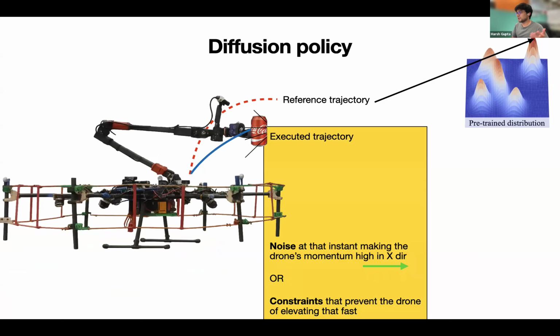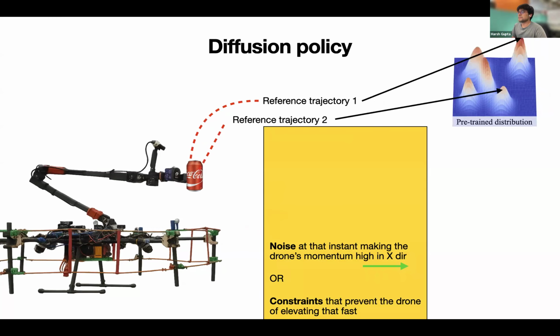And so what would happen is when you execute that trajectory, you end up hitting the cabinet because of those either constraints or the noise that you had. But the fact is that in my data collection, for example, I had 100 episodes of me opening the cabinet and placing the can on top of the cabinet.